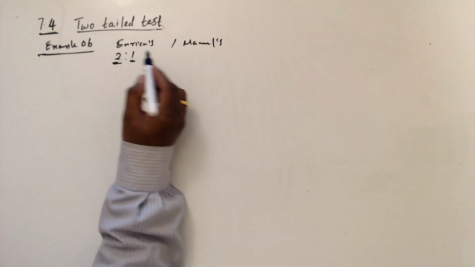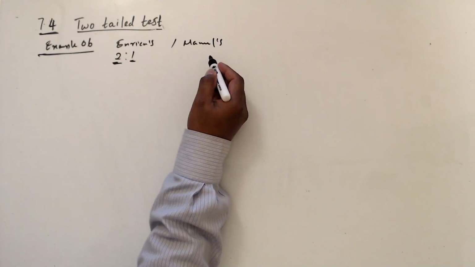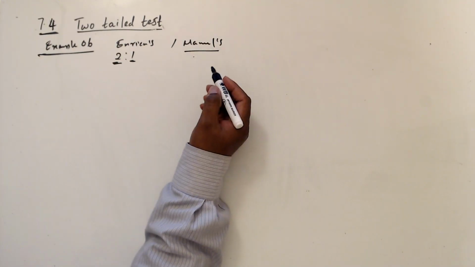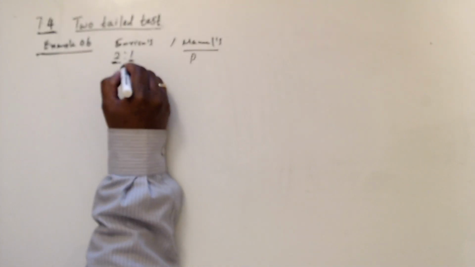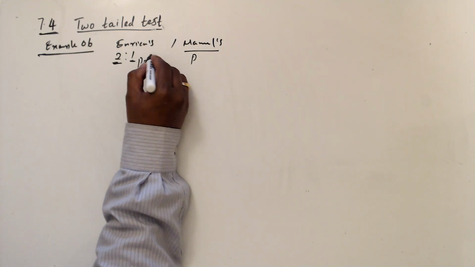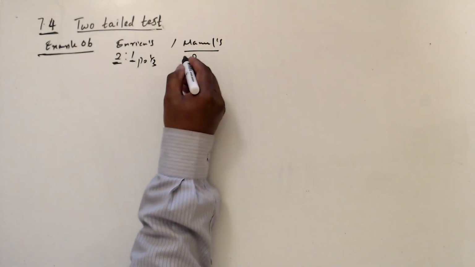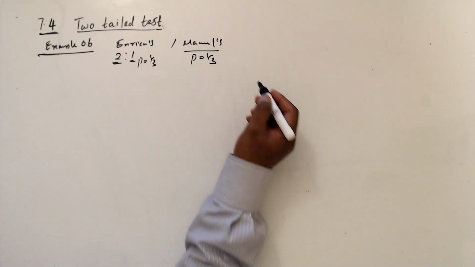And they want to check that it is applicable to Manuel's restaurant as well. So the vegetarian probability here is 1 out of 3. They want to check this is applicable to Manuel's restaurant as well.